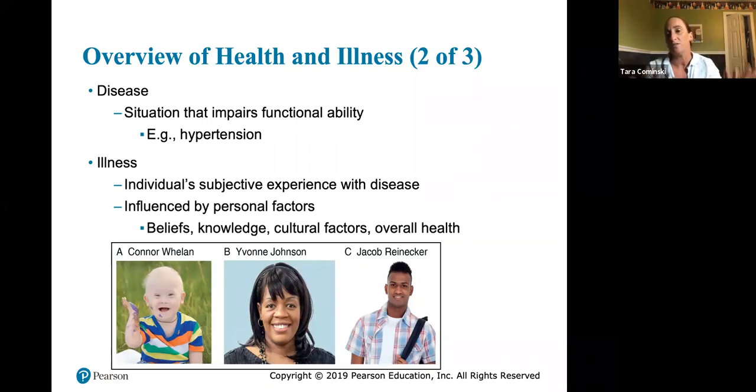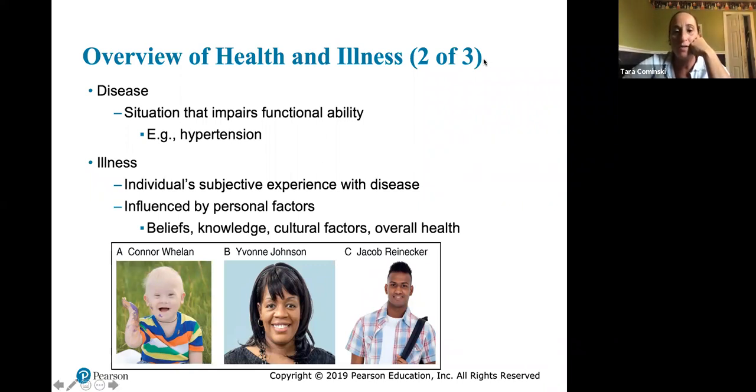It's subjective to the patient, okay? So you could have a disease, but not necessarily feel ill or be ill, or you can have an illness or feel ill and not necessarily have a disease, right? Like I said, a lot of times we use them interchangeably, but when you're thinking about illness, it's really that subjectiveness, if that's really a word.